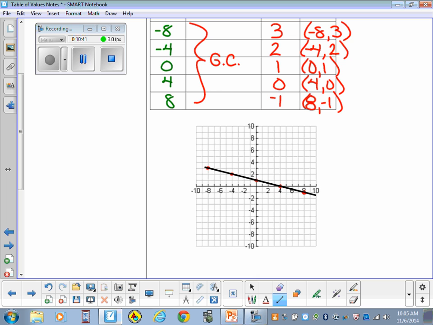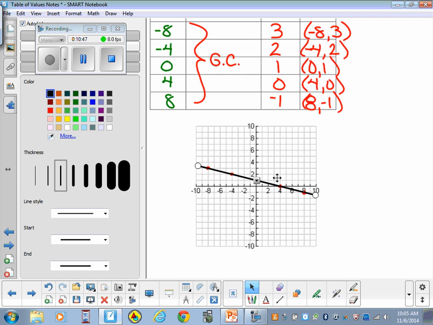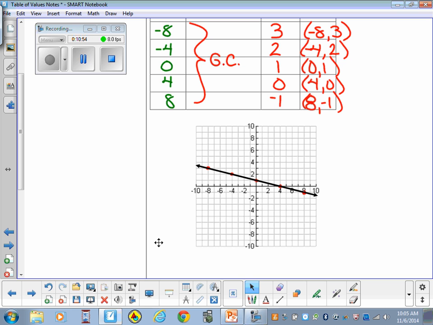Make sure you draw your line beyond the points you plotted, and make sure you put arrowheads on the ends.